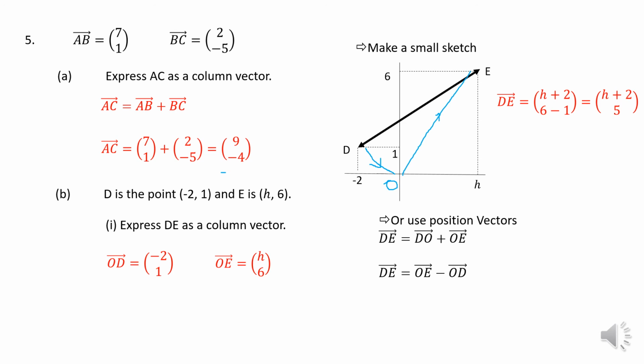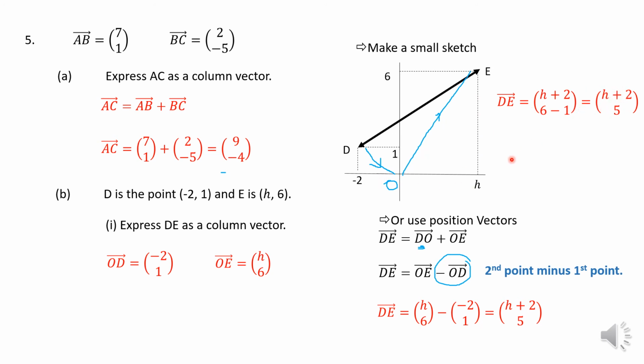But DO is not a position vector. Can you see that? So we need to change it to that. But if you remember that little hint that I gave you, you should be able to definitely get that particular answer, which is identical to what I did here when I was calculating the vertical distance and also the horizontal distance, which is h plus 2. And the vertical distance is that 6 minus 1, which we can actually determine.